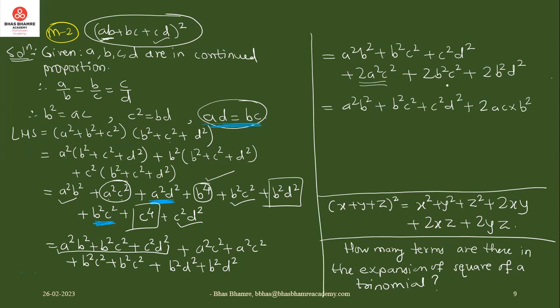Similarly, here I can make plus twice of BC into AD, because BC and AD are equal, and plus twice of BD into C square. I just made the adjustments like this. Now more algebraic adjustments are required.